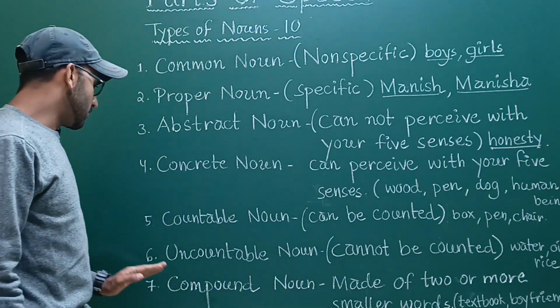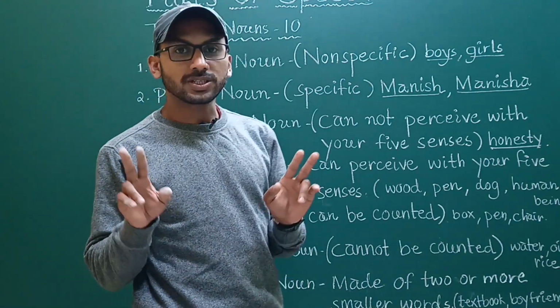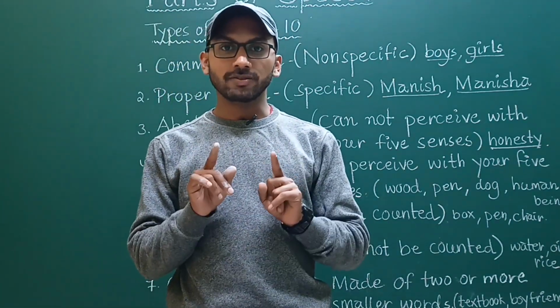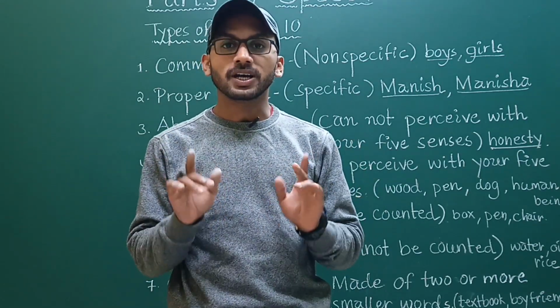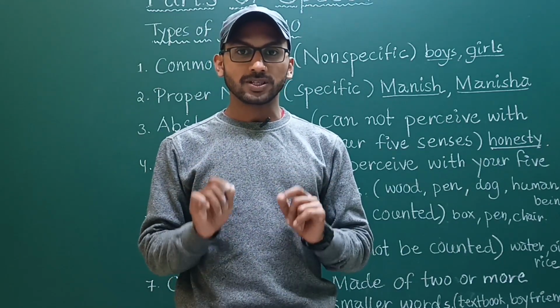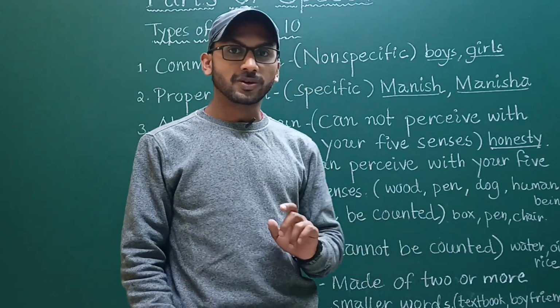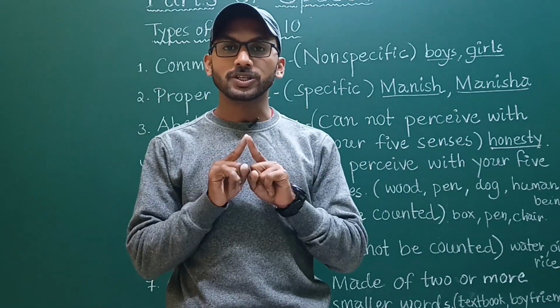And now we come to the compound noun. What is a compound noun? When two nouns come together to form an individual noun, to that we call compound noun, such as textbook. In this textbook, we have two different words joined together.